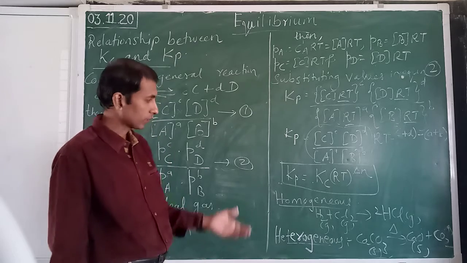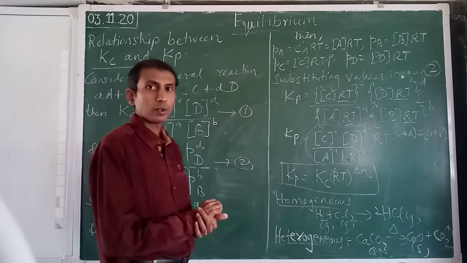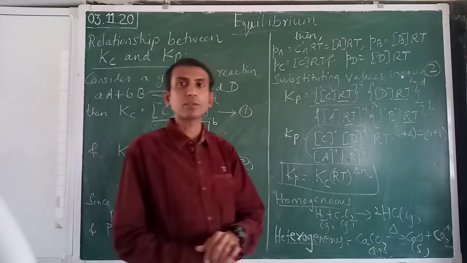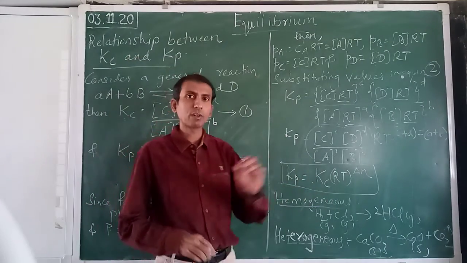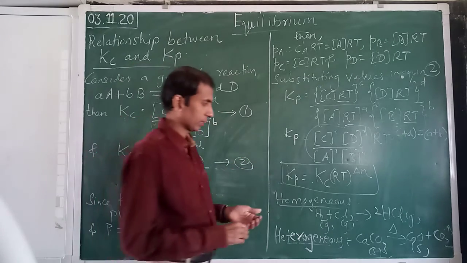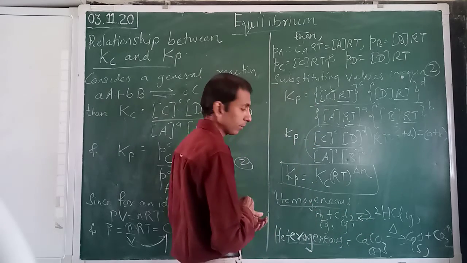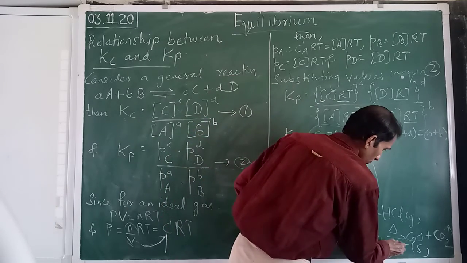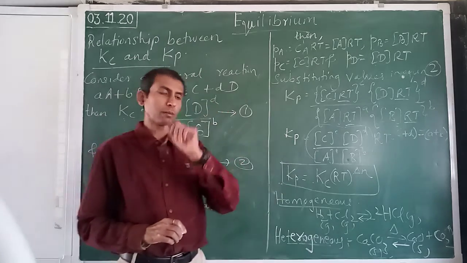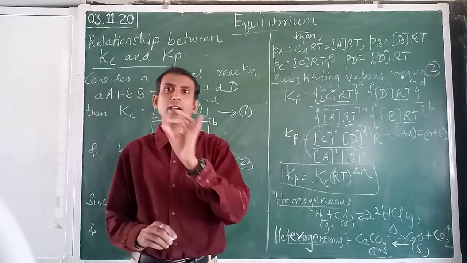Now dear students, we have two types of equilibrium examples. The first one is homogeneous equilibrium. Now, what does homogeneous equilibrium mean? The equilibrium in which all the reactants and products are in the same physical state.